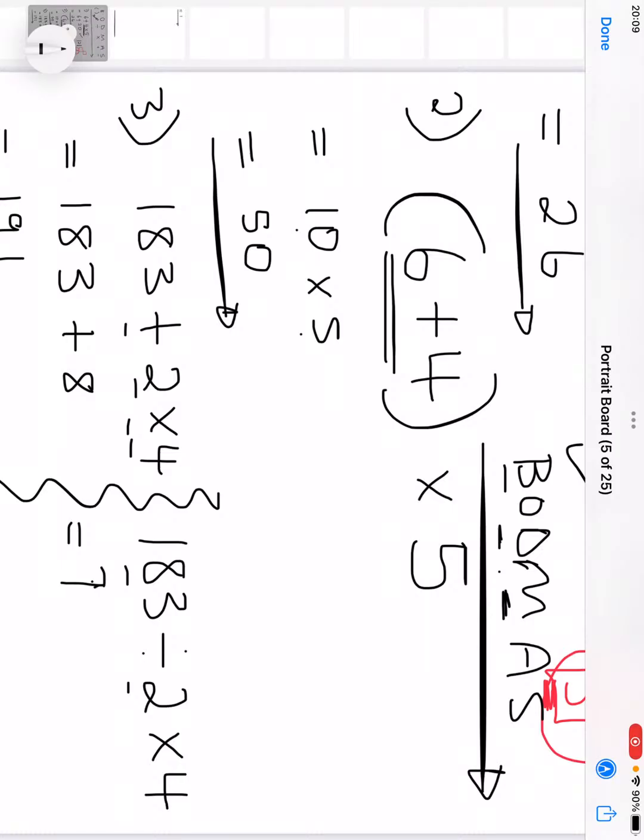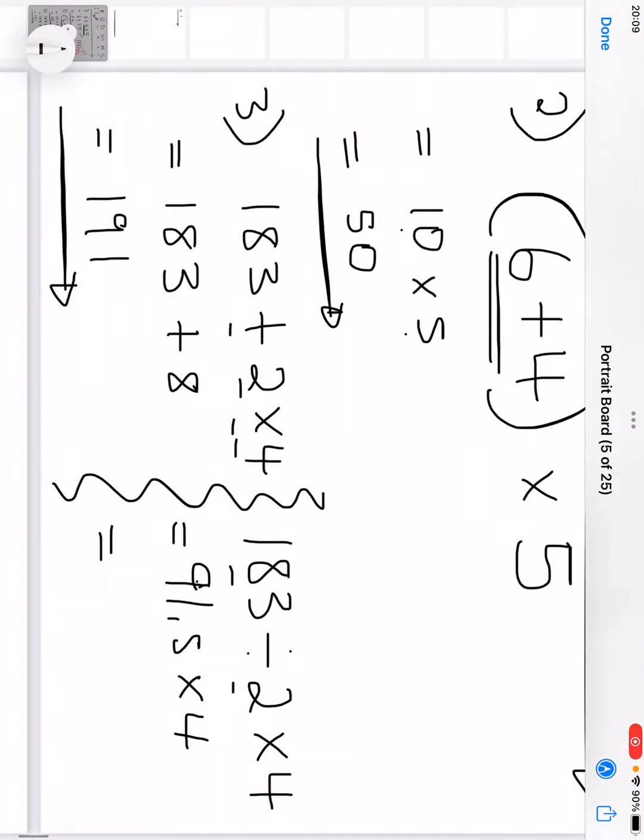We will say 91.5 multiplied by 4. So the next step is to multiply that by 4, and then it gives 366, and that should be the end of it.